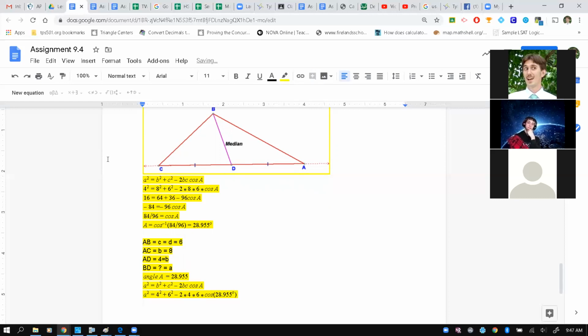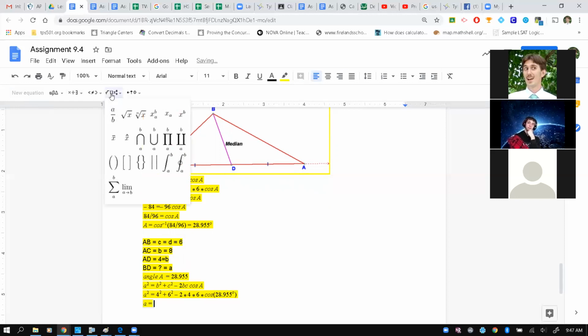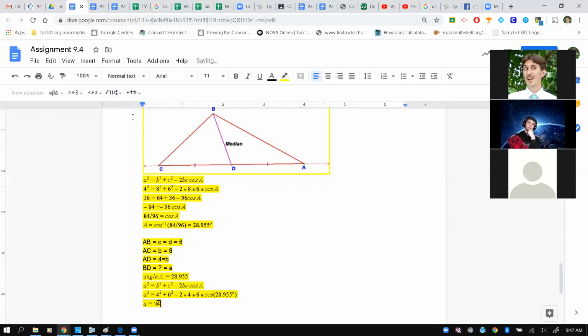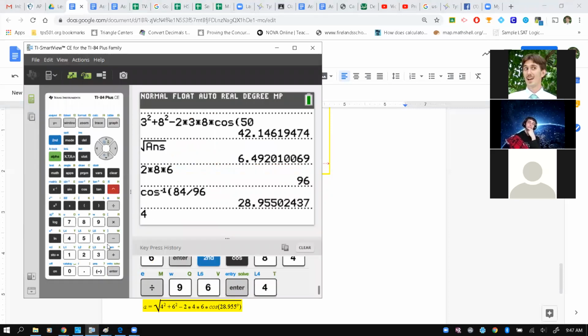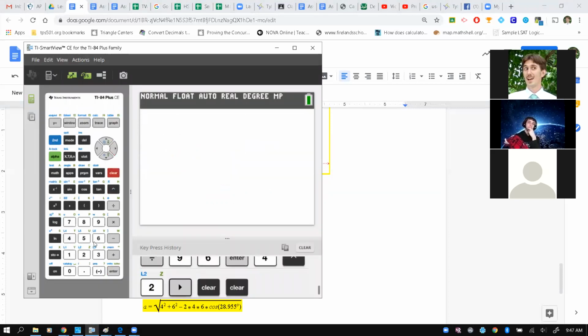And really, you could type that whole thing into the calculator as A equals the square root of that big mess, and not have to worry about simplifying it.